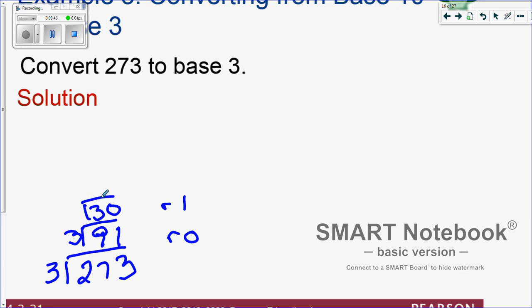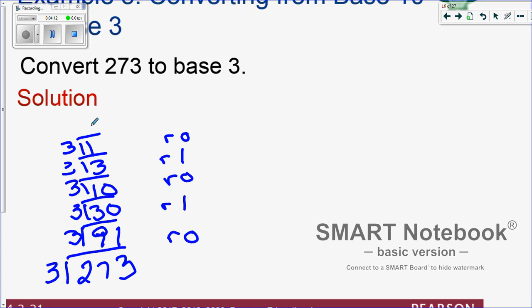Now 3 goes into 30, 3 goes into 3 once, no remainder, so remainder of 0. 3 goes into 10 3 times with a remainder of 1. 3 goes into 3 once with a remainder of 0. Remember what I said, you always go until you get 0.